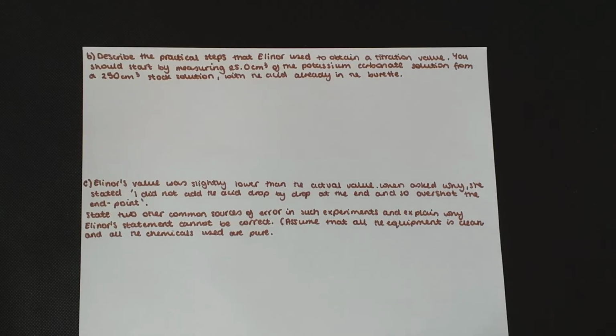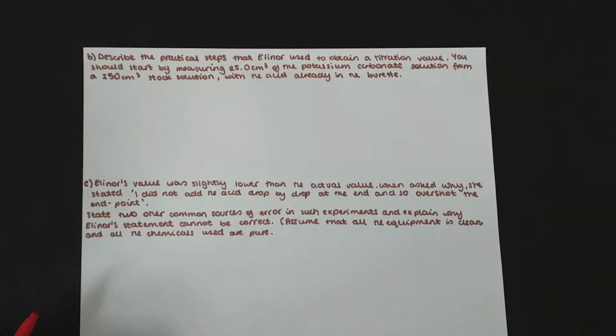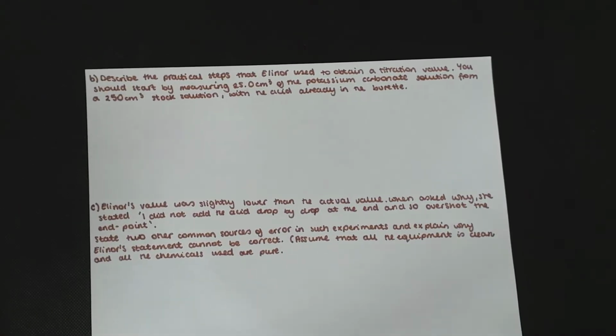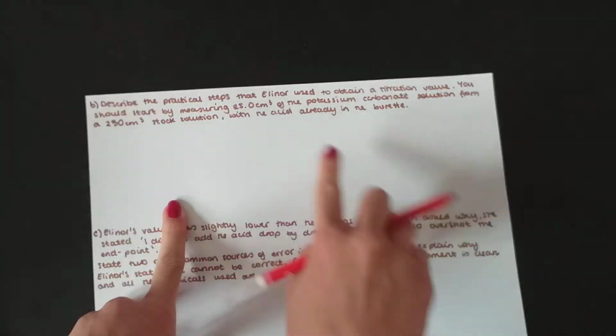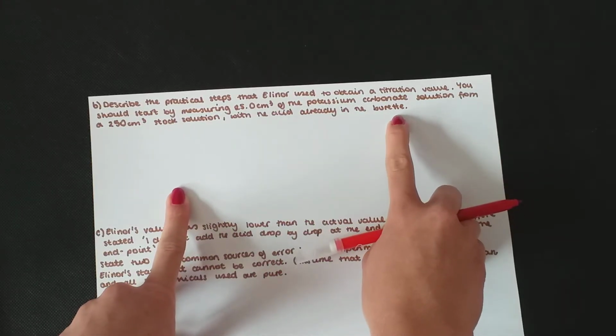B, describe the practical steps that Eleanor used to obtain a titration value. You should start by measuring 25.0 centimeters cubed of the potassium carbonate solution from a 250 centimeters cubed stock solution with the acid already in the burette. So we have our acid in the burette.